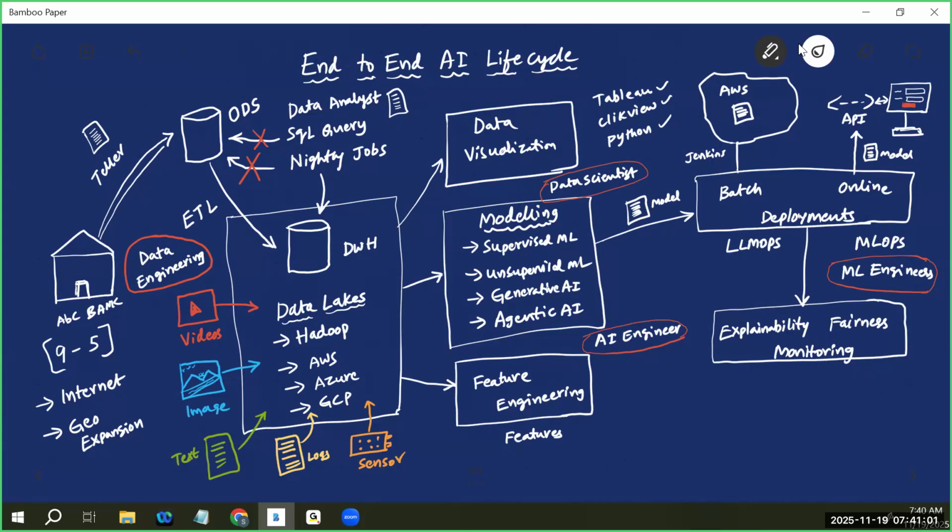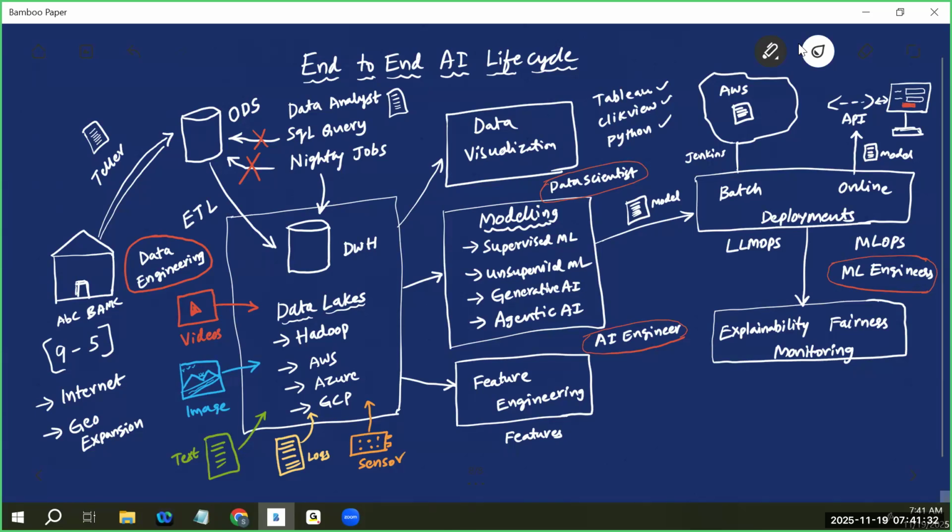We need to have some kind of metrics in the background which quantify our decision making. Fairness talks about irrespective of demography, caste, creed, financial status or anything like that, our model should be performing equally. There should not be any bias in the model. That's what fairness talks about.